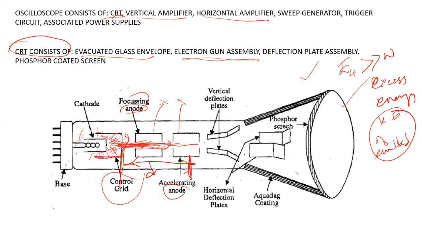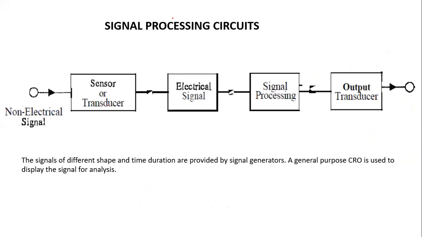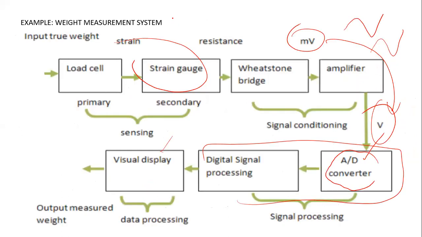Okay. Out here, you see that an oscilloscope consists of cathode ray tube, vertical amplifier, horizontal amplifier, sweep generator, trigger circuit, and associated power supplies. So this vertical amplifier, say here we have said that using this strain gauge, we are converting a certain amount of load on our sensor into a small electrical signal.